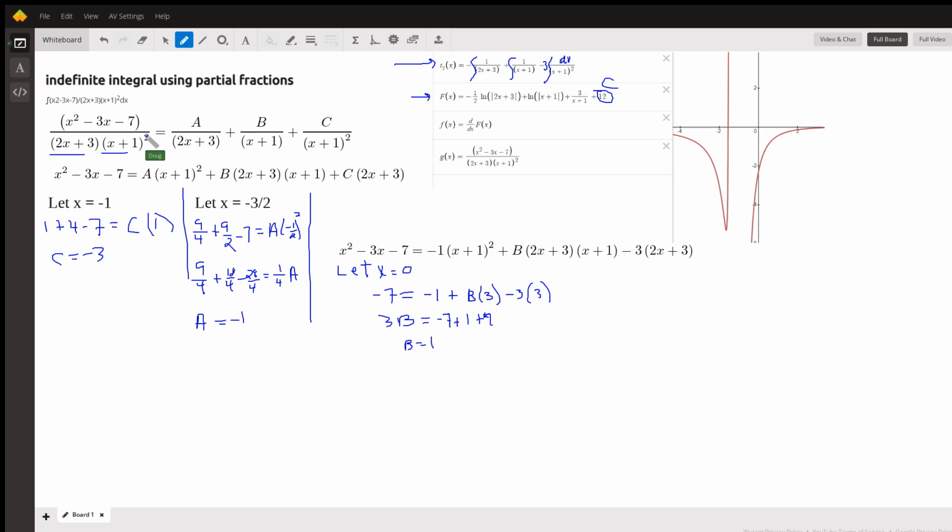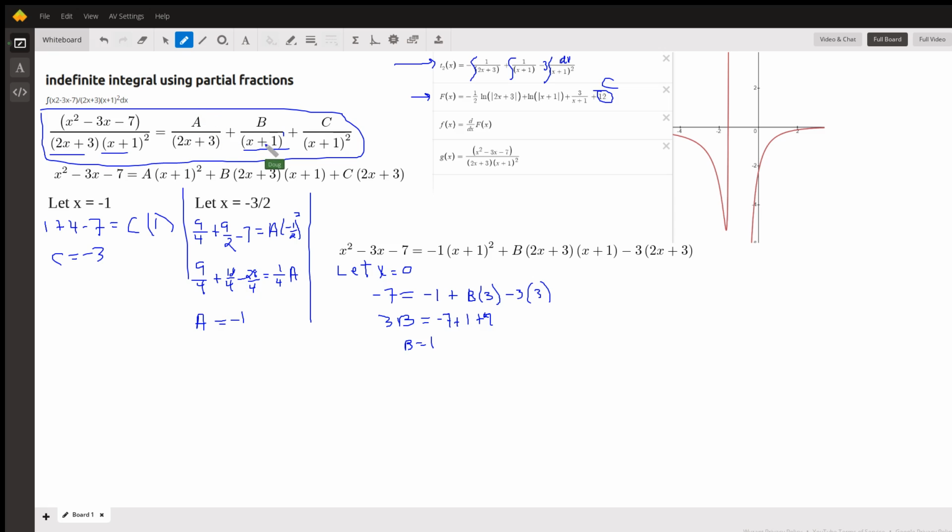And then if there's an exponent of 2 here, you have to use B over x plus 1 to the first, plus C over (x plus 1) quantity to the second power. If this had been a third or cubed, we'd have to have plus D over (x plus 1) the quantity cubed.